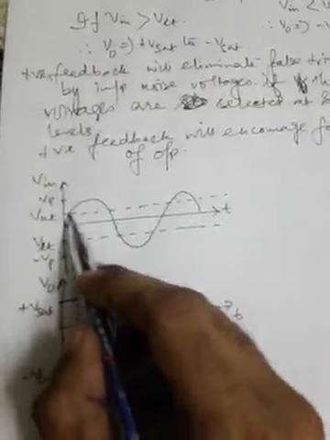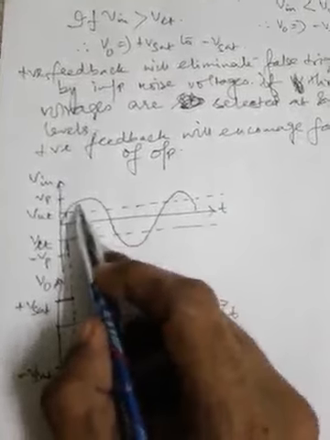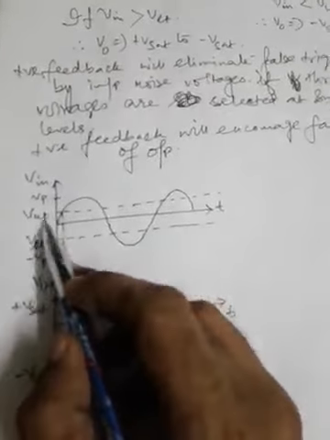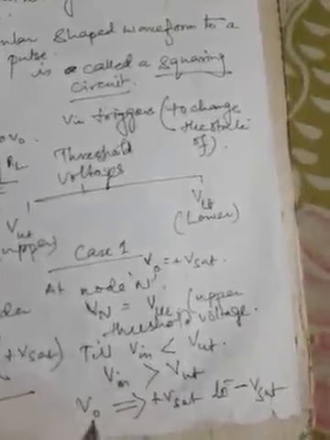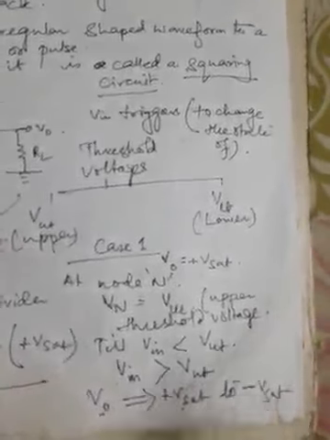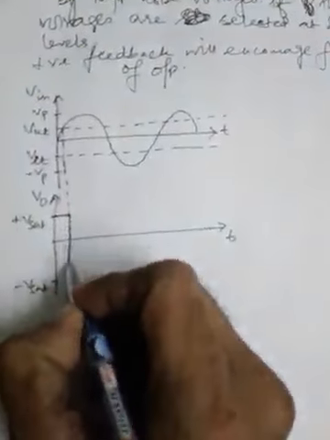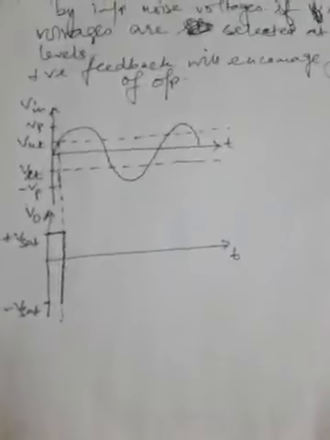Now whenever at this point Vin crosses the level of VUT, that means Vin is greater than VUT. Here you can see Vin is greater than VUT. The switching state of output will become plus Vsat to minus Vsat. That means the positive saturation level will immediately come down to attain the negative saturation level.